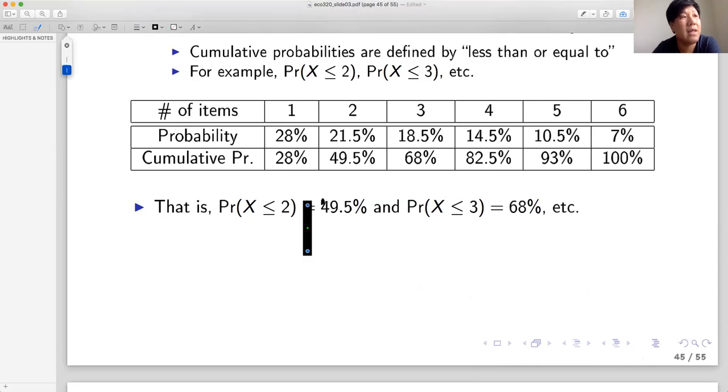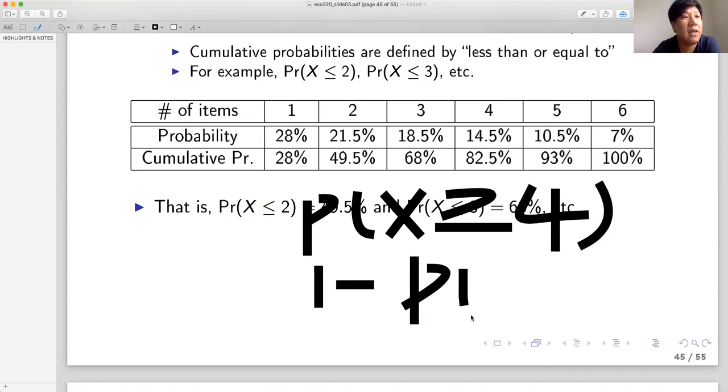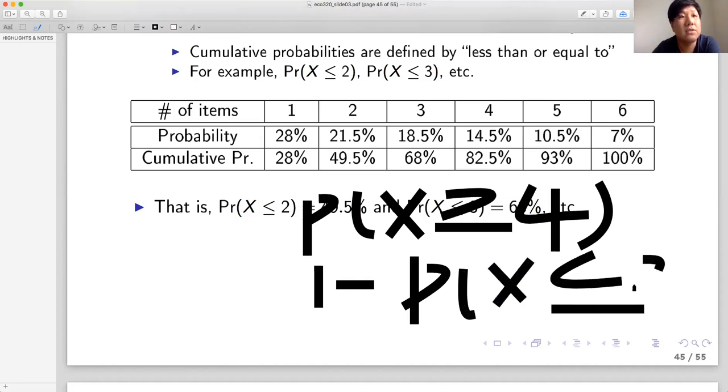But what is the probability that x is greater than or equal to 4? It's basically 1 minus the probability that x is less than or equal to 3, right? So that is 1 minus 68%, which is 32%, lower than 50%.